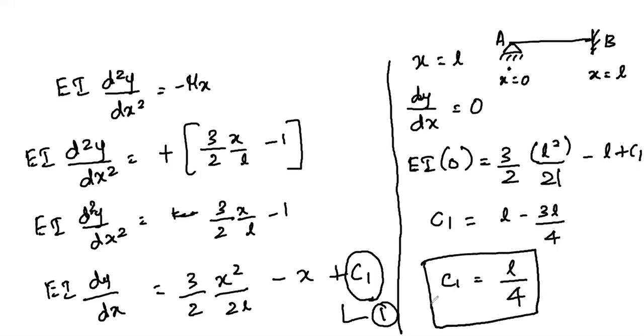So far we found the value of the constant, that is, we found the value of C1. So we can apply the value of C1 in the equation 1. So what happened to the equation 1? It can be rewritten by replacing C1 with L by 4.